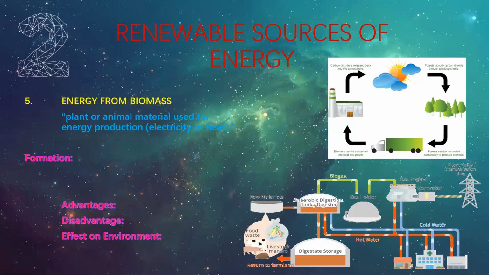When animal dung, dead plants or dead animals decompose, since they are biodegradable, they give off a mixture of methane and carbon dioxide. Electricity can then be generated by burning these gases, or the methane.